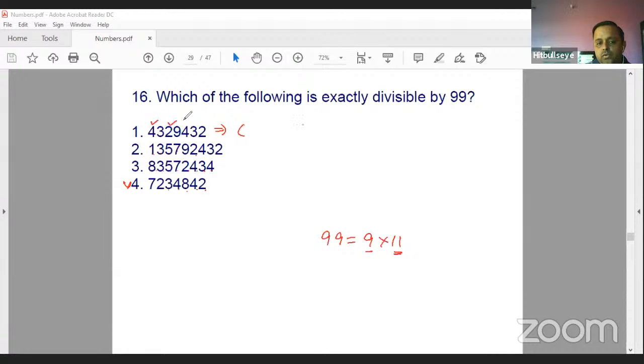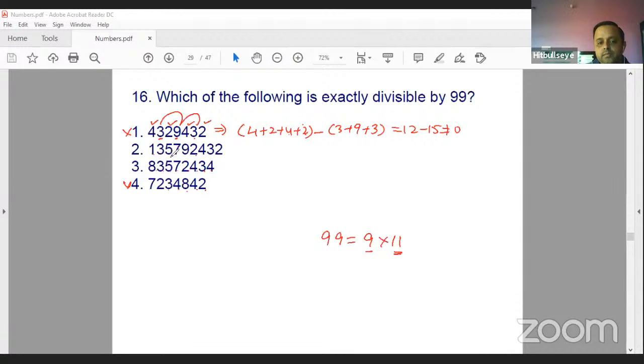In this case, the odd position digits are 4, 2, 4 and 2, so 4 plus 2 plus 4 plus 2, minus the digits at the even positions, which are 3, 9 and 3: second position, fourth position, sixth position. Now this is 4 plus 2, 6, plus 4, 10, plus 2, 12, minus 15, not equal to 0 and neither a multiple of 11. So this number is not divisible by 11.